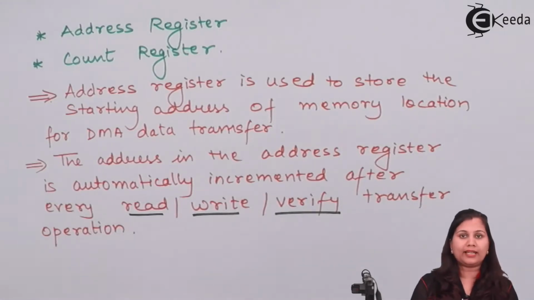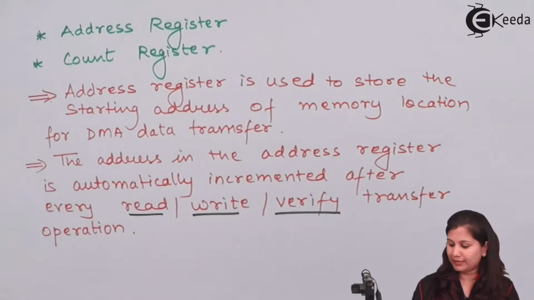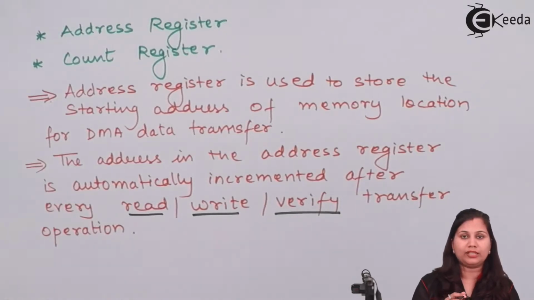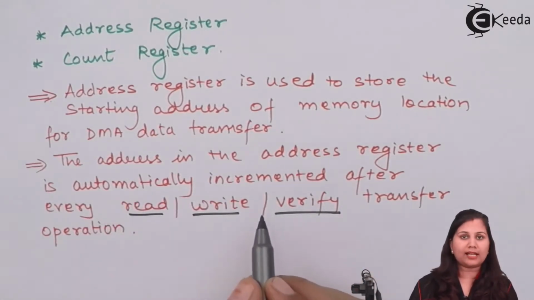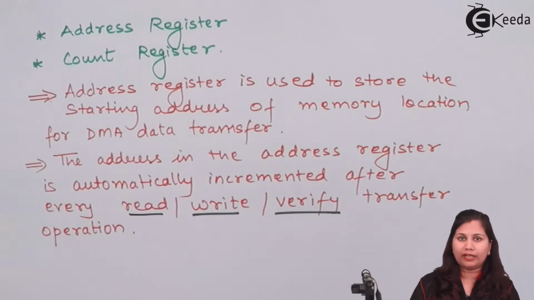Write is to write that data to the destination location, which will be either the memory or the input output device. And verify means that the data which is transferred is correct and has reached its destination location. So every transfer will have either read, write or verify.